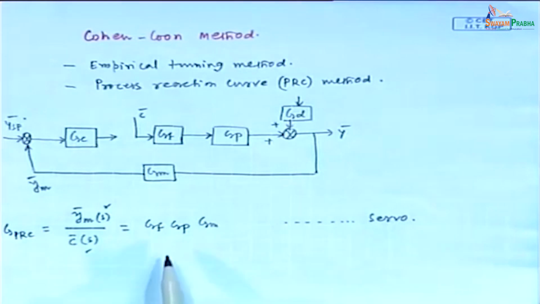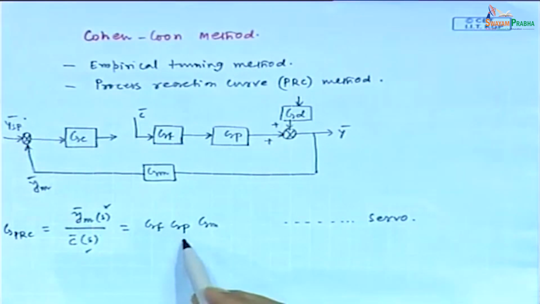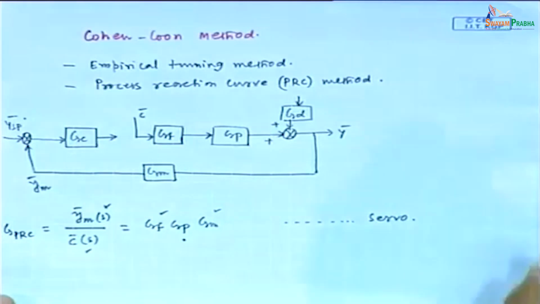Now, it is obvious that the output Ym depends not only on the process but also on the final control element and measuring device.